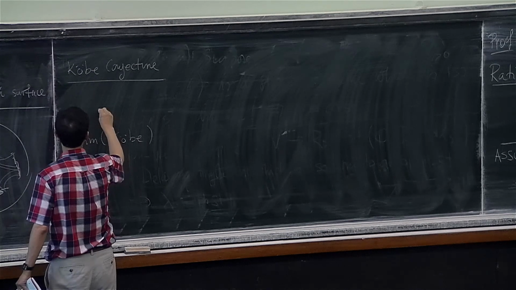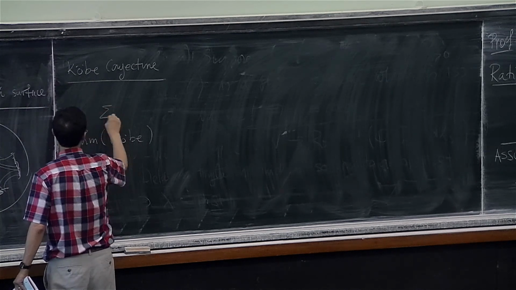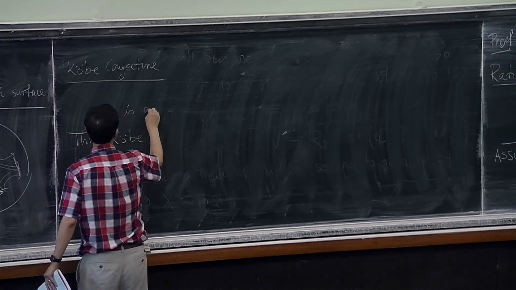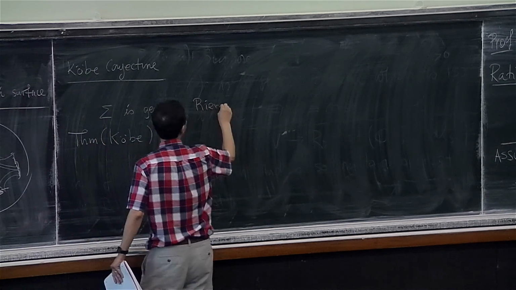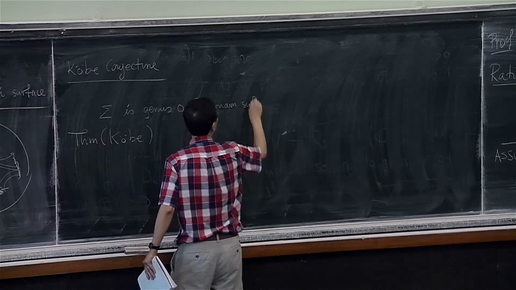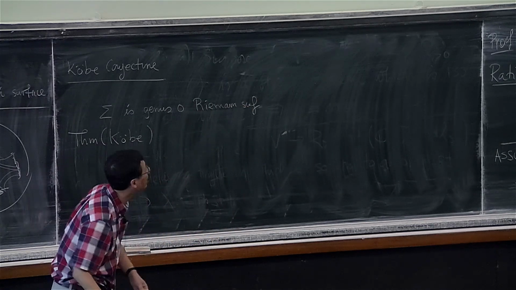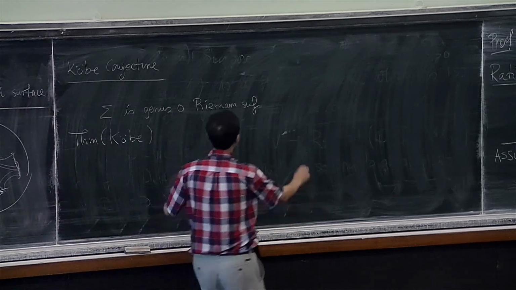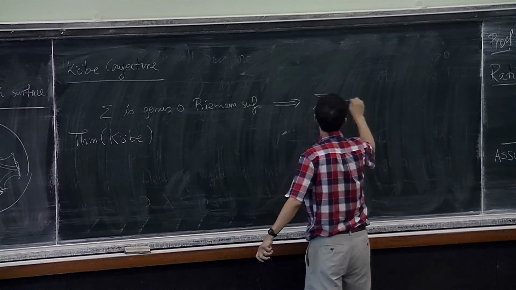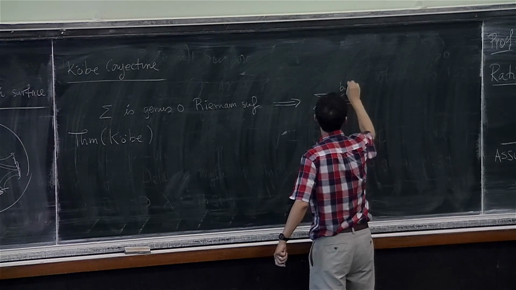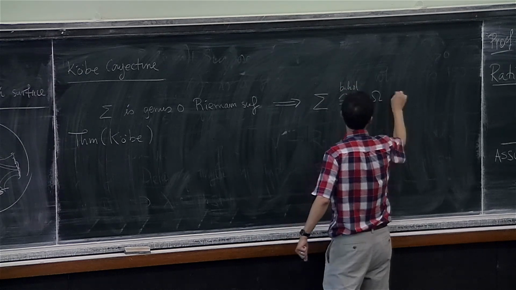Suppose sigma is a genus 0 Riemann surface. It could be non-compact, and then it's known that this Riemann surface is biholomorphic to an open set in the complex plane.